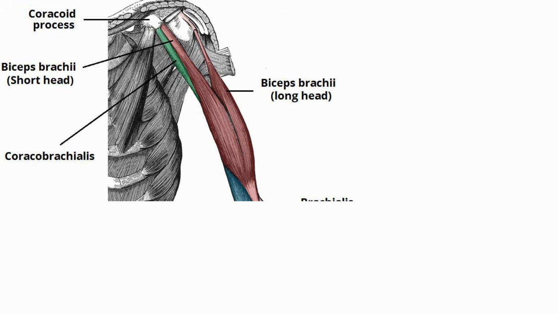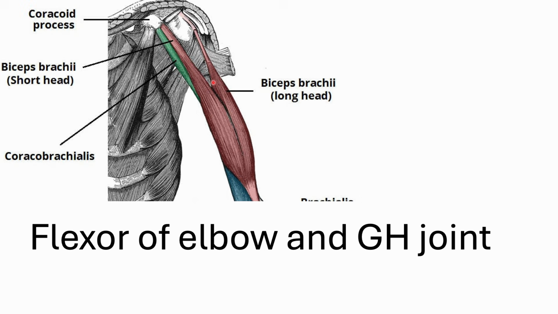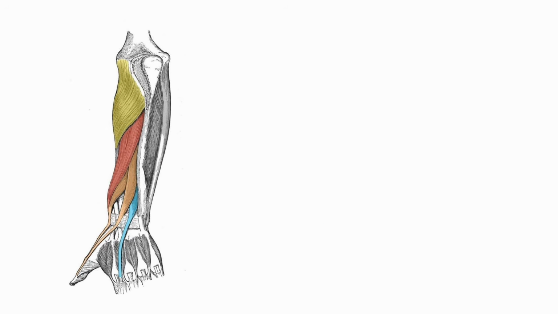So, with this knowledge, this is the anterior compartment of the arm. With what I've just told you, what would the action of this set of muscles be? I'll give you 5 seconds. It's going to be a flexor of the elbow and the glenohumeral joint, or the shoulder joint. Okay, and one more example.